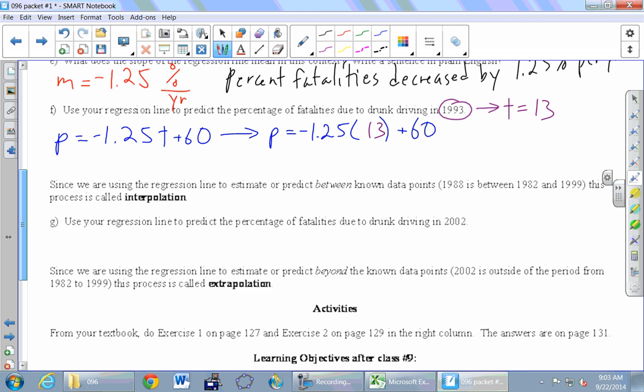So what do we get? Is that 37.75? 36.75.